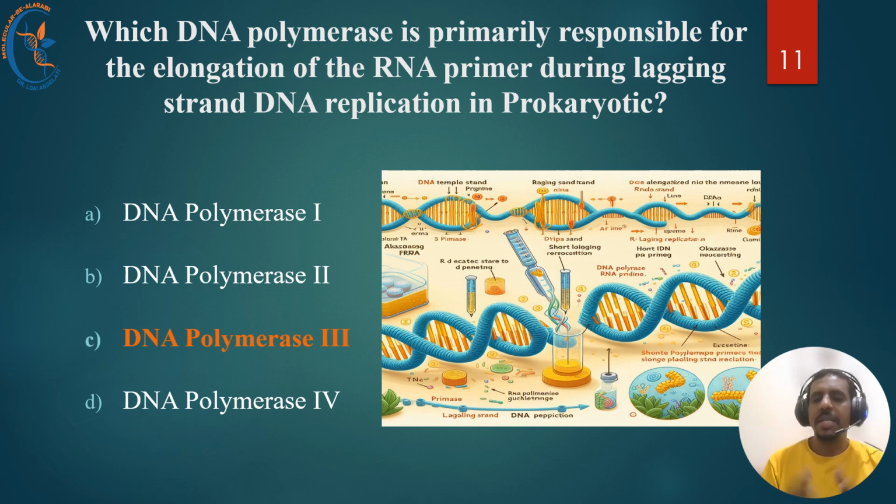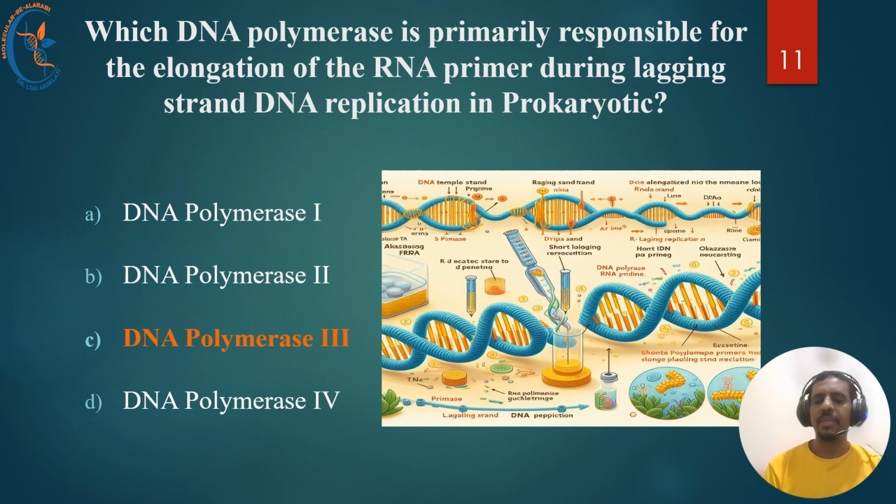As DNA polymerase III reaches the end of one RNA primer, what will happen? It dissociates from the template, allowing primase to synthesize a new RNA primer for further elongation. And finally, during ligation, RNase H removes the RNA primers and DNA polymerase I fills the gap with DNA nucleotides.